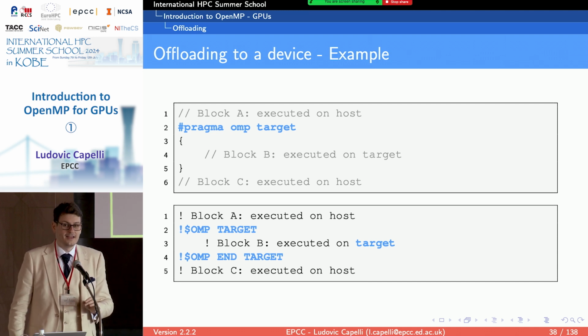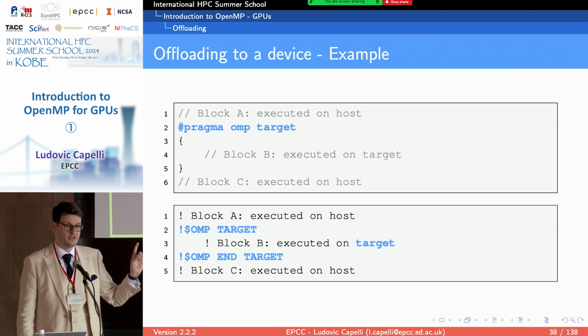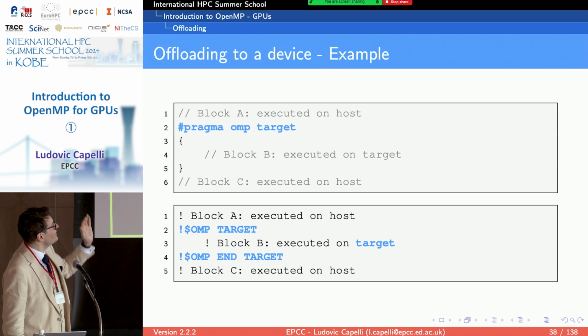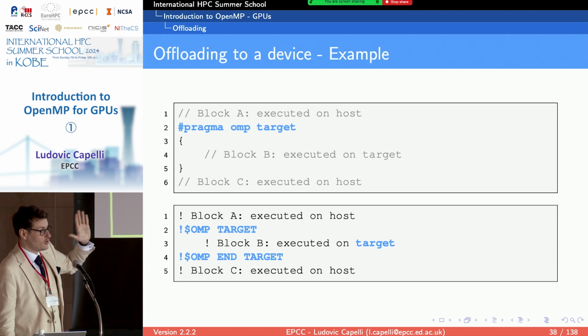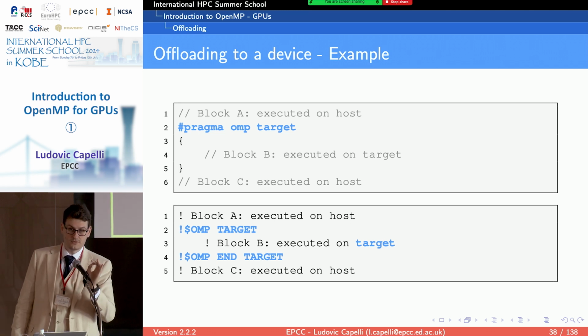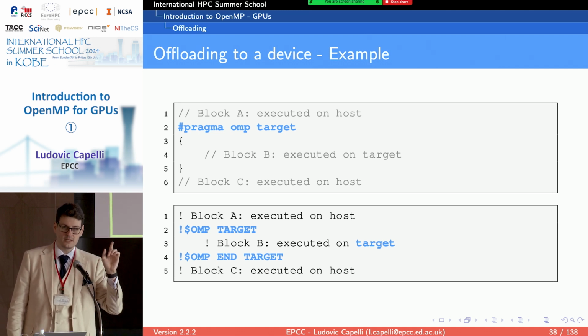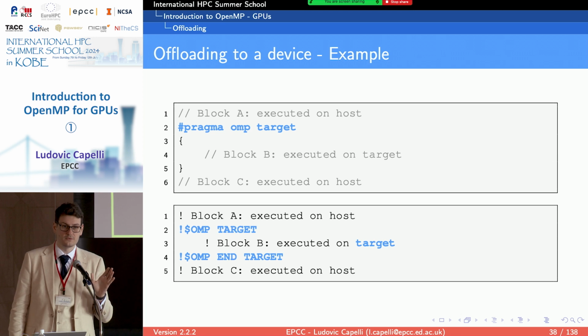Yes, it's really three words, and now you're already on the GPU. Thank you, OpenMP. So outside of the target, you're on the host, so CPUs. Anything you run before and after the target, CPUs. Inside the target, GPUs. Simple, right?